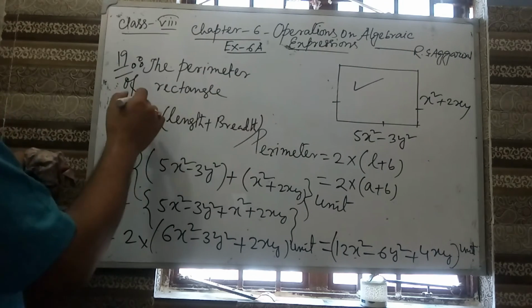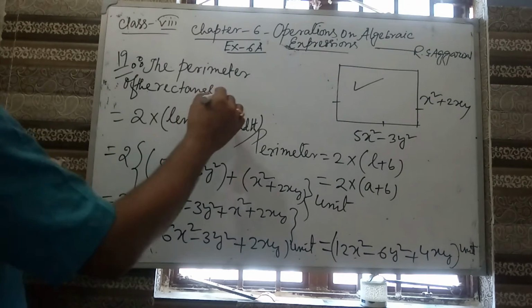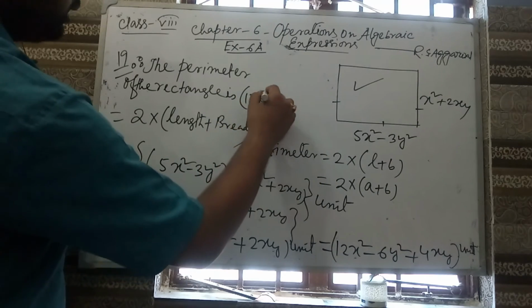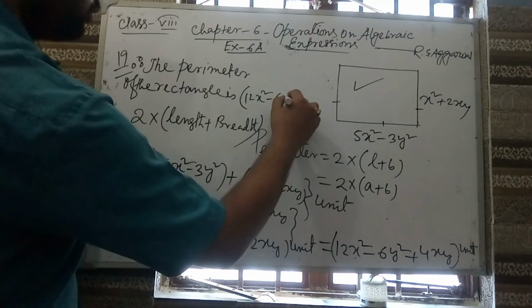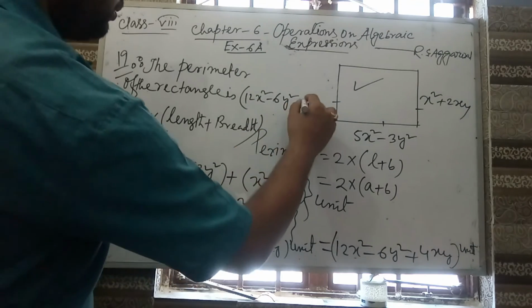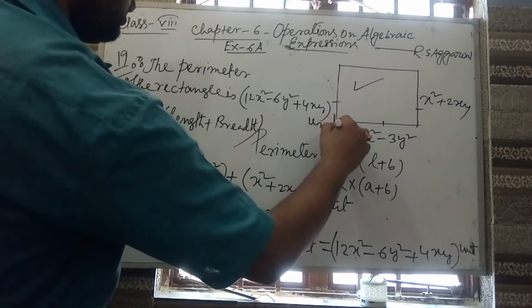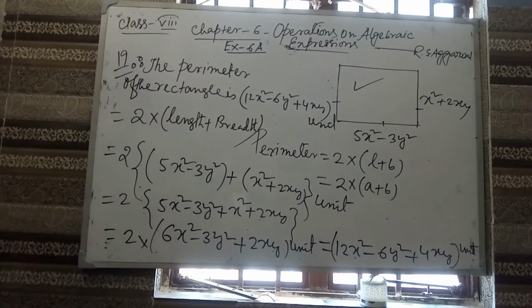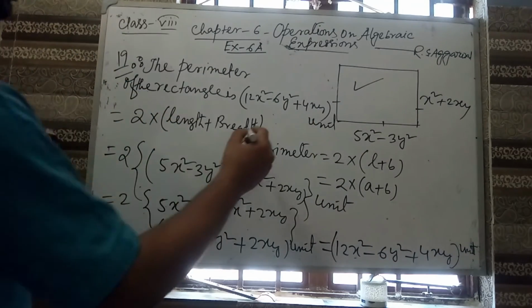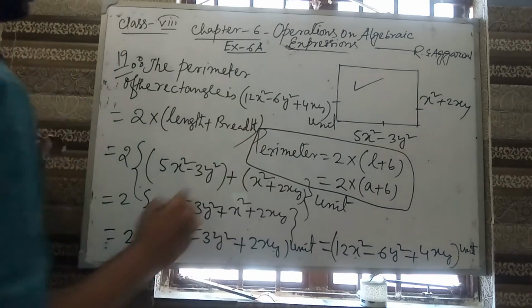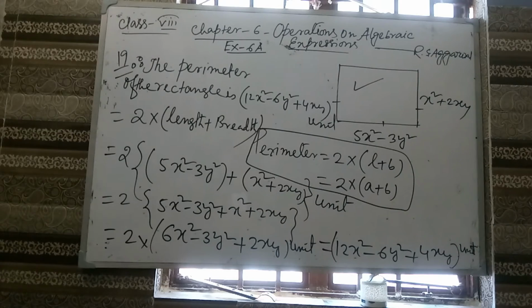Therefore the perimeter of the rectangle is 12x square minus 6y square plus 4xy, this much unit. Any doubt, anyone?